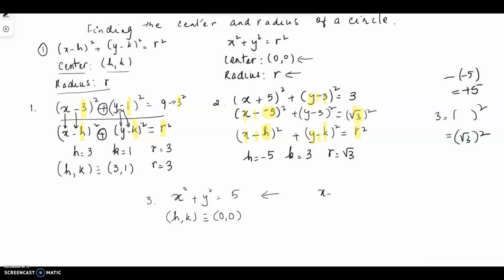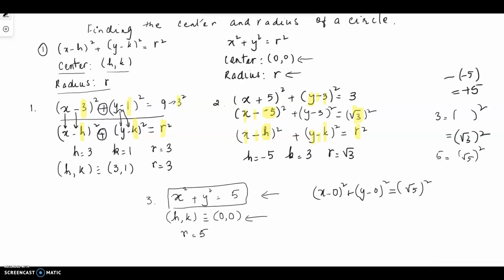Because if you think about it, x² is (x − 0)² plus (y − 0)² equals (√5)². So we want to write 5 as a square, and the only thing that fits inside is radical 5. So we have the radius as radical 5, and the center, just by the way the equation is written, we know (h, k) is (0, 0).